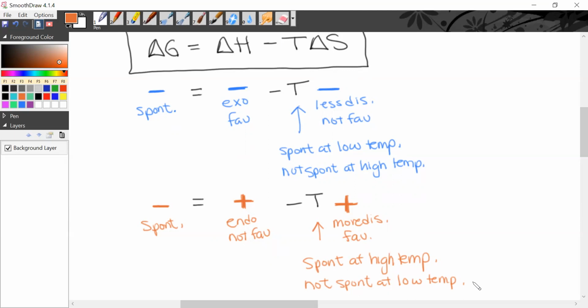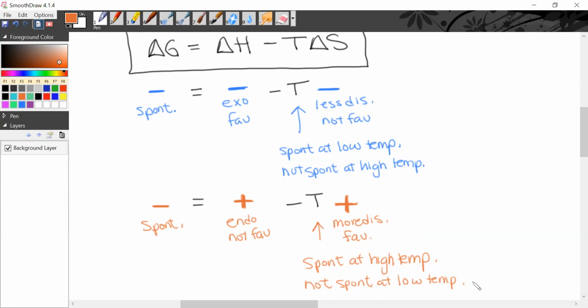You could always plug in a 0 for delta G and solve for temperature, right? If you plug in a 0 for delta G, that's your dividing line between positive or negative. Solve for temperature. You're above that temperature, you're below that temperature, you can figure out spontaneous or not, okay? So you can actually calculate what that temperature is by plugging in a 0 for delta G, okay?